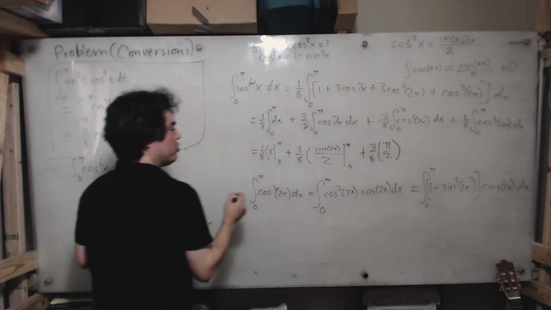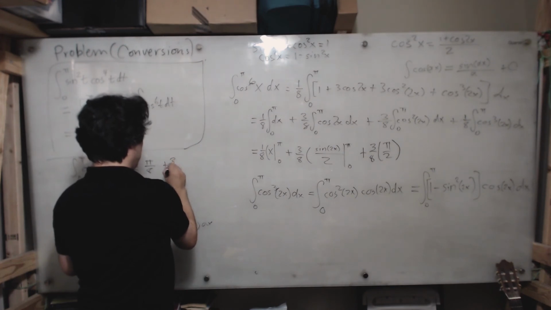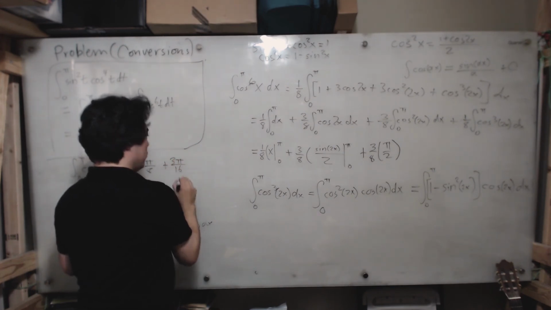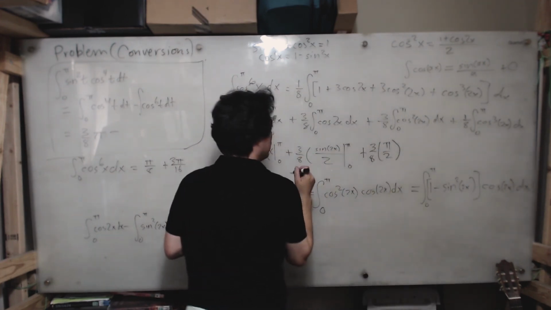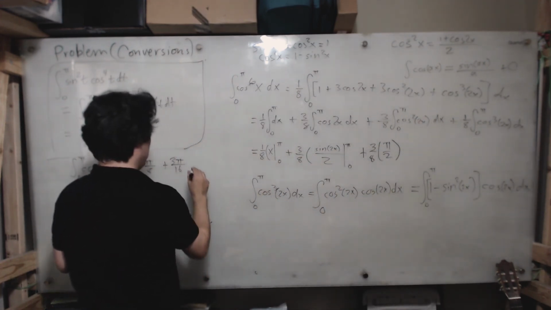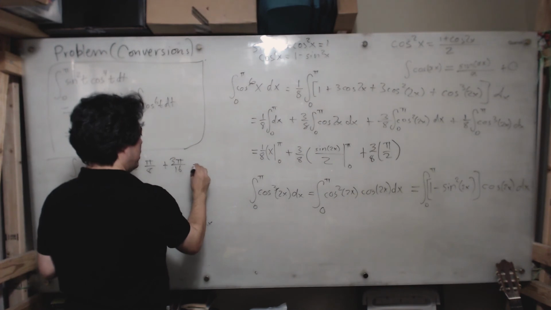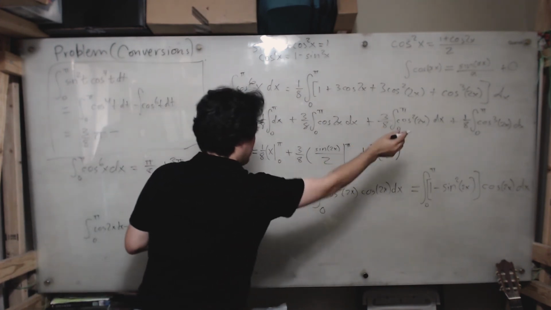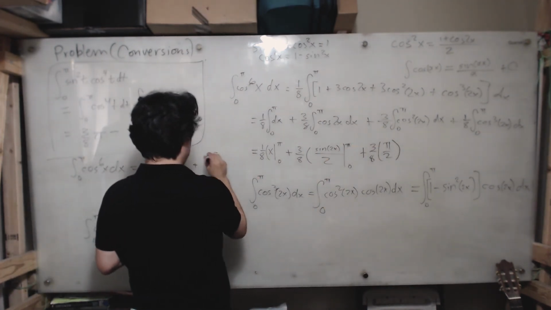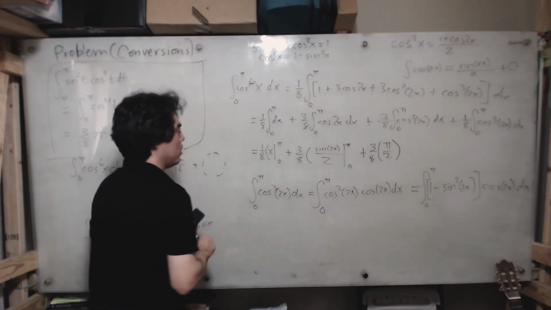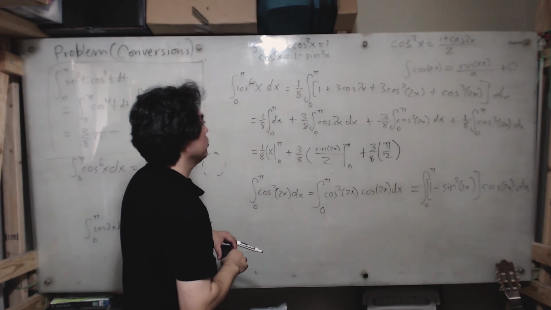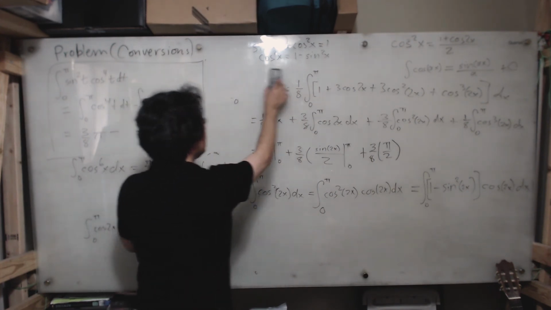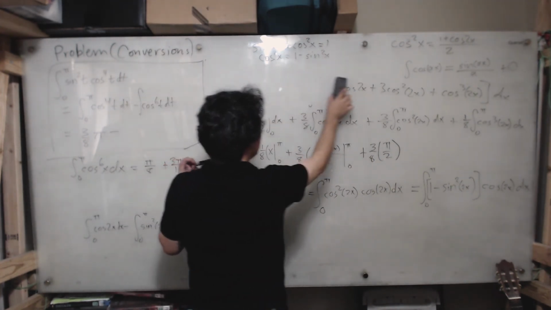Then this plus 3 pi over 16. And then we're just missing this part, plus the missing part here that we're solving for right now. So as much as I don't want to do this, I'm going to erase all this now so we can have more room to do this integral.